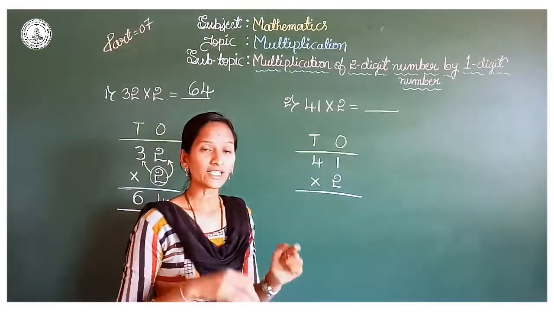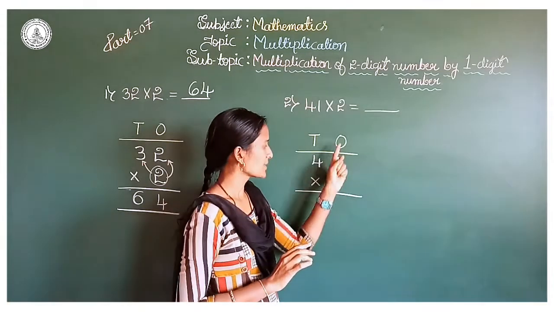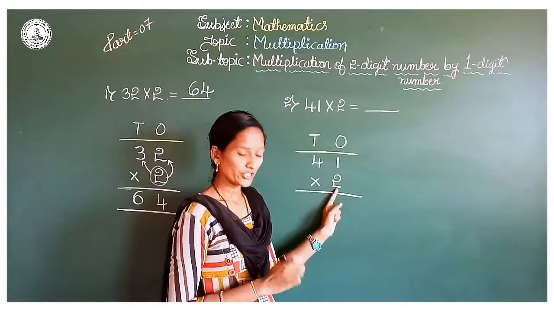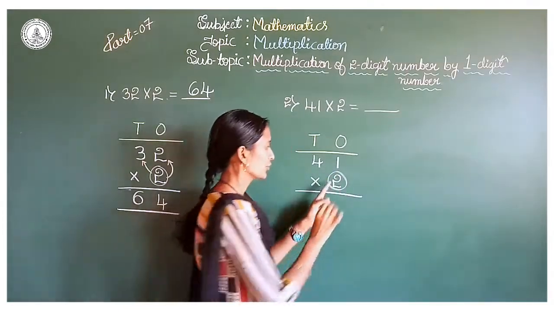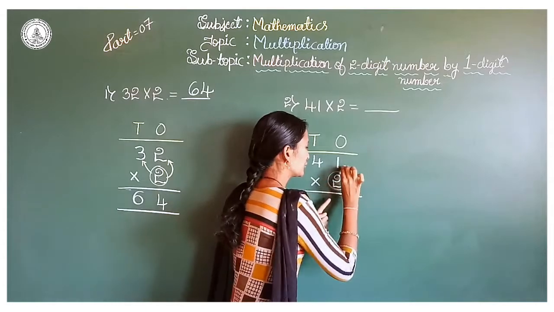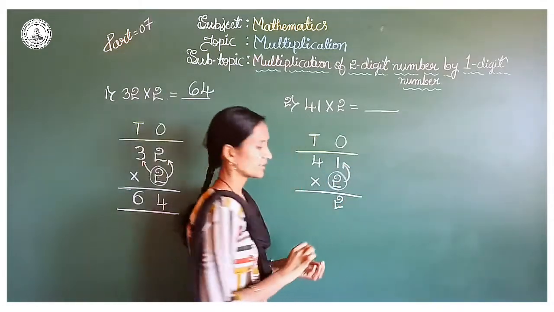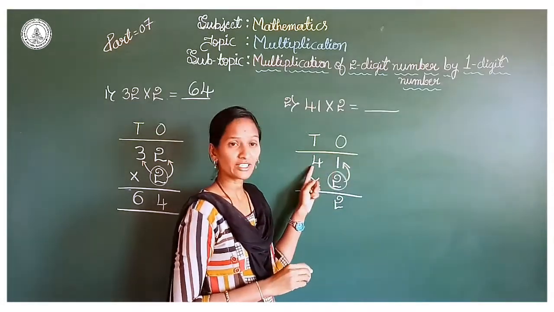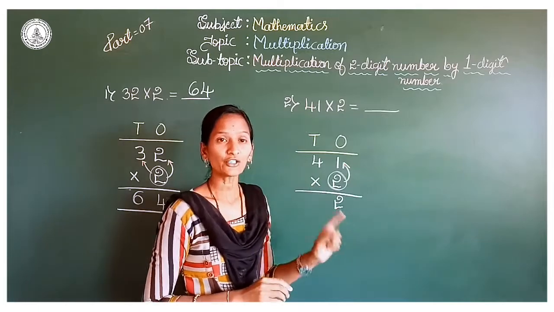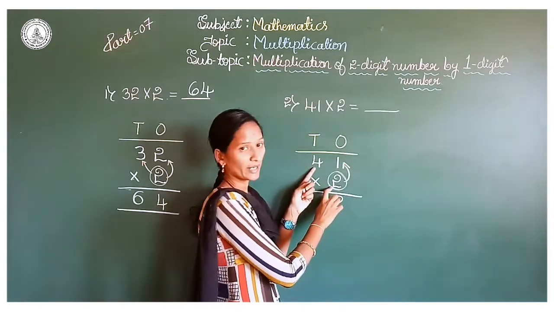Right? So what is the next step? First you have to multiply the ones by the multiplier. Here 2 is the multiplier. So first 2 into 1. 2 1's are 2. Next, after the ones place, the next one is tens. So here you have to multiply the tens again with the multiplier.